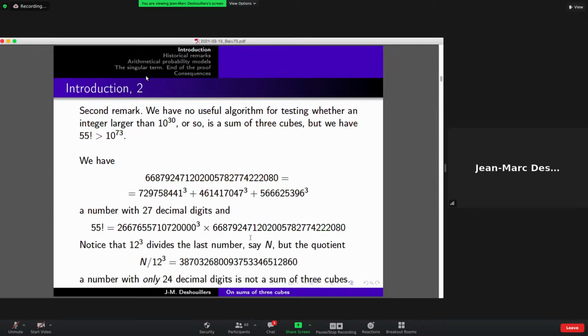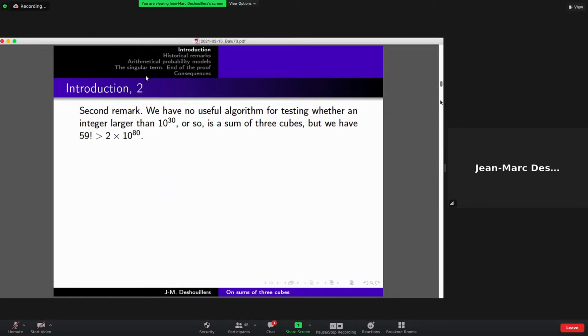If this number n can be divisible by 12 cubed, then you have something which is really the cube-free part of 55 factorial. It has only 24 decimal digits, but it is not a sum of 3 cubes. So having some cubes helps for that. And I chose 55 because it is the worst case.